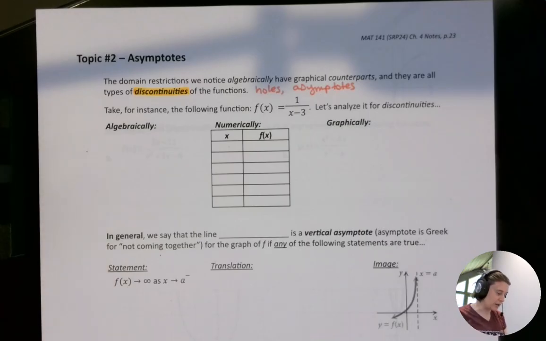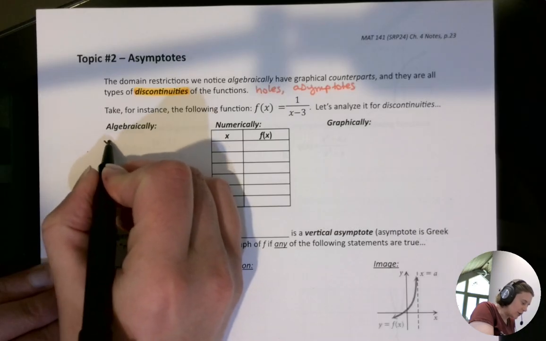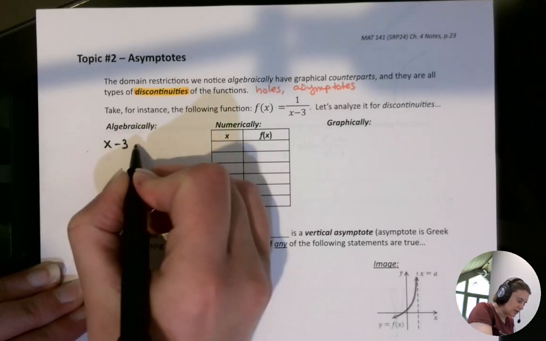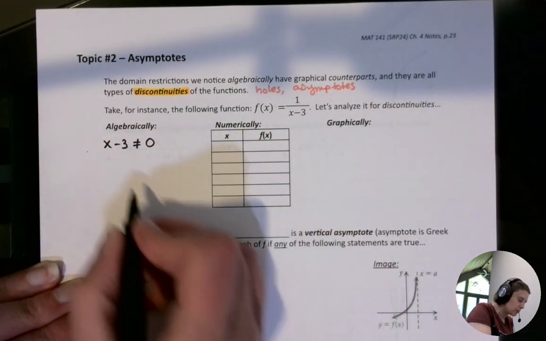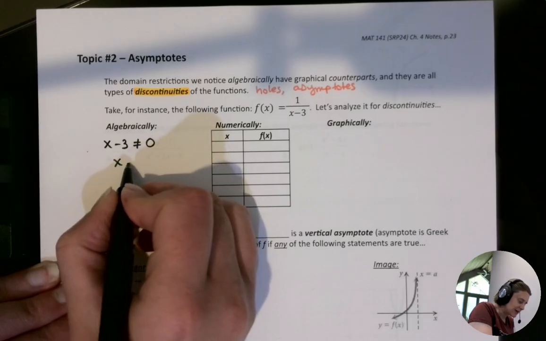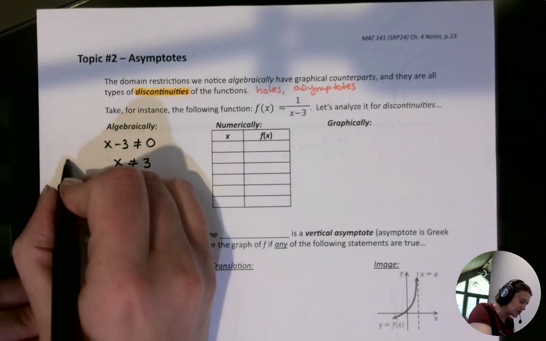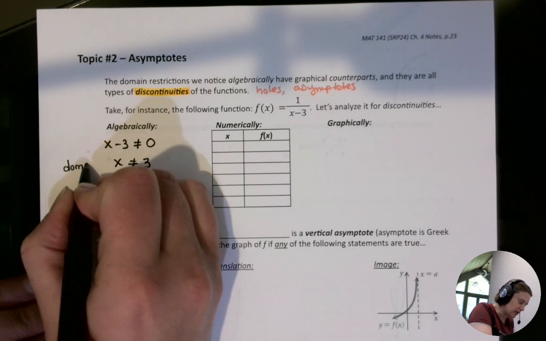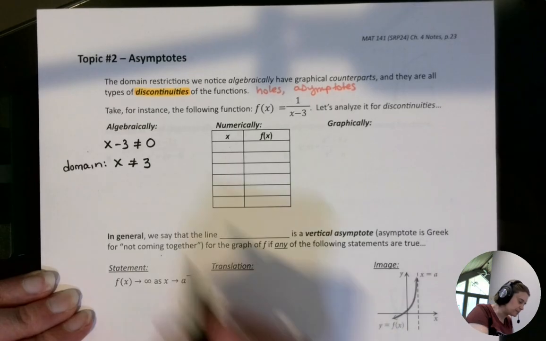If I look at it algebraically, we're going to start with that denominator again. We're going to take the x minus 3 and set it so that it is not equal to 0 for the domain, right? So for the domain, we know that x is not allowed to be 3. So this is going to be the set notation way of expressing the domain of this function.